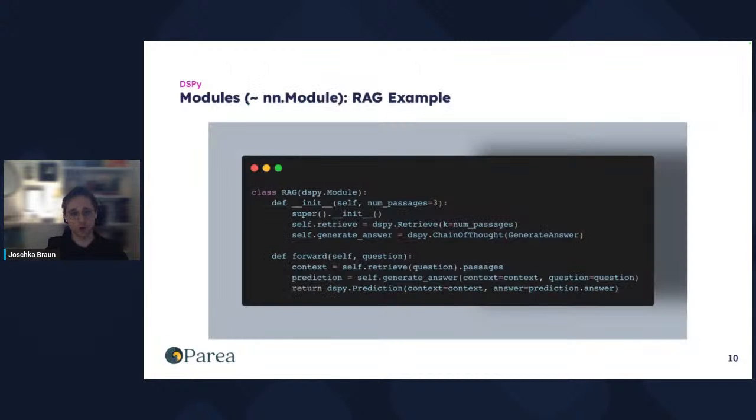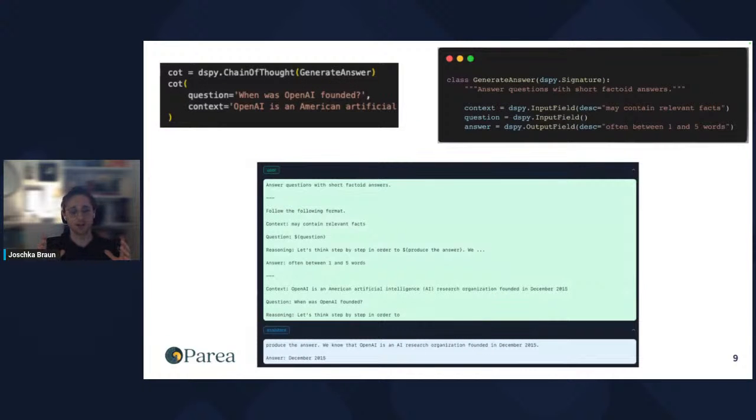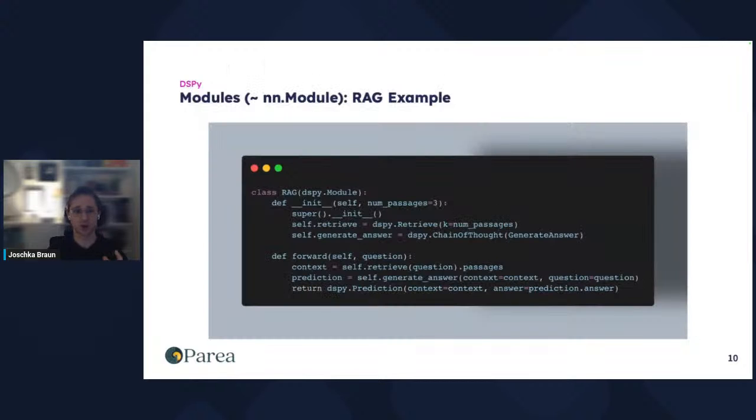But we can not only use these pre-built modules, we can also define custom modules, which are very interesting. If we want to define a RAG pipeline, we can just define our RAG module, in which we overwrite the initialization function and pass in the number of passages or context we want to retrieve at every point.